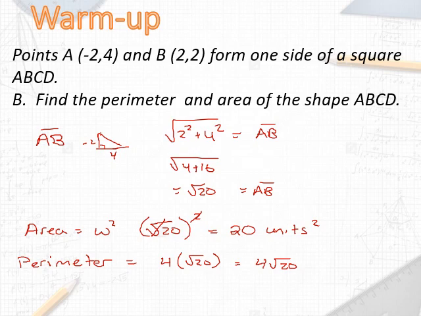So 4 times square root of 20 is 17.888, and there's a 5 after that. Round to the nearest hundredth, 17.89. And that's just single units.